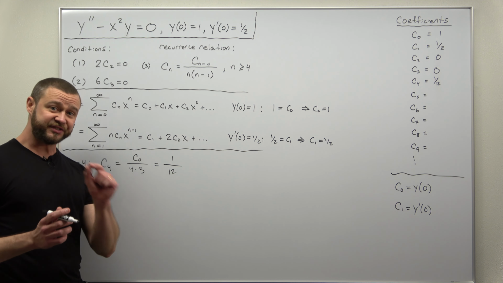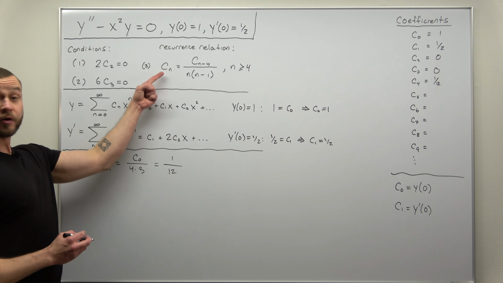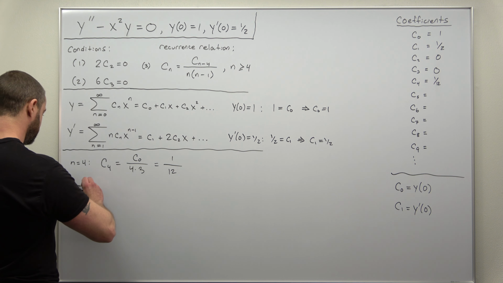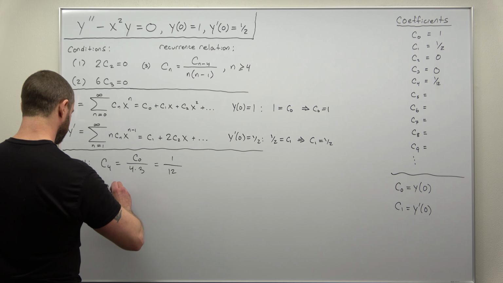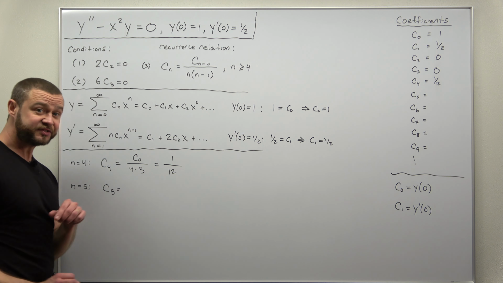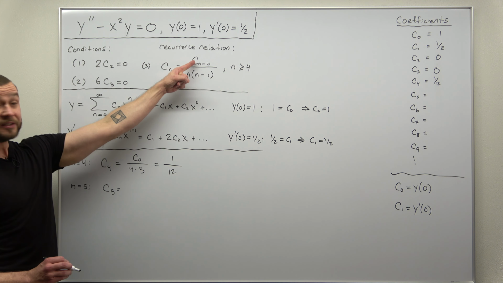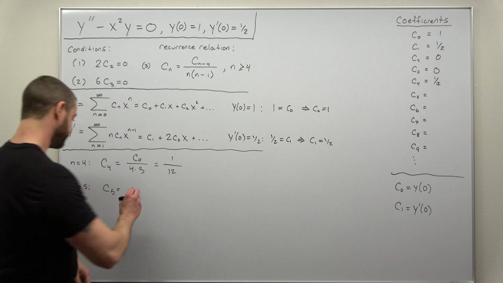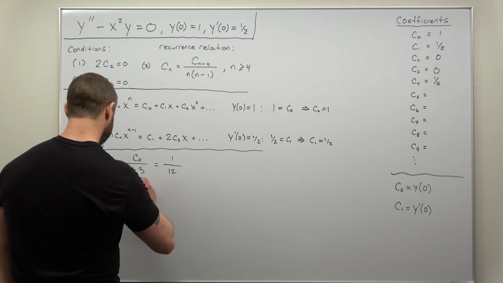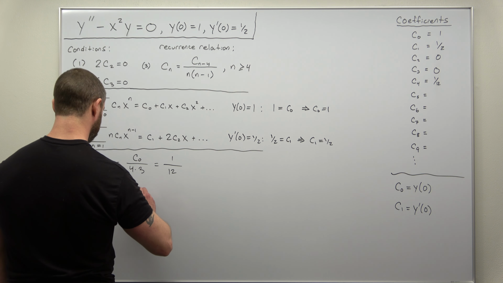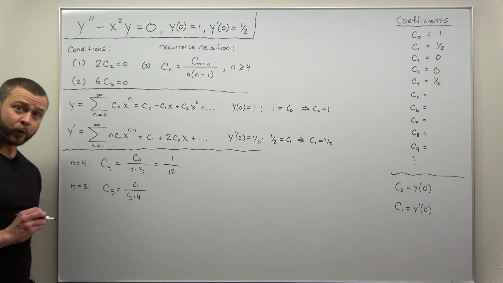Now we go on to c sub 5. Use your recurrence relation now where n is 5. So we get c sub 5. Now replace n as 5 everywhere, so we'll get c sub now 1, and divided by 5 times 4.